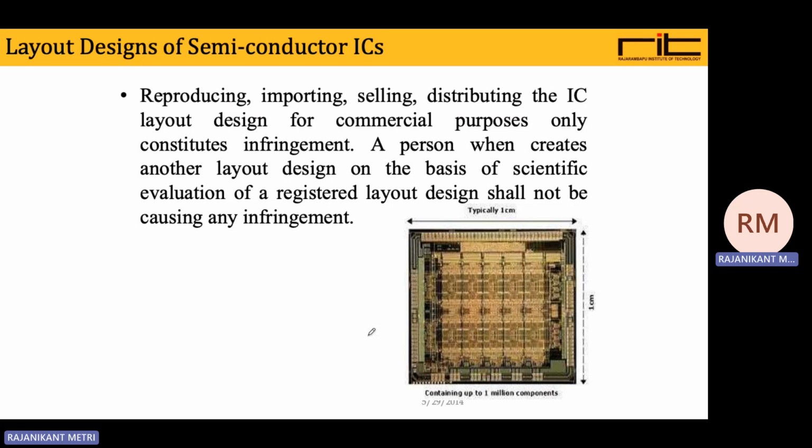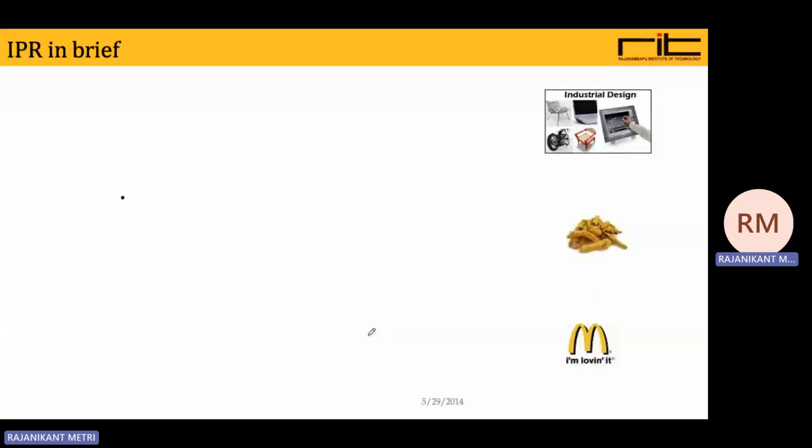So all these things we can see here in brief. Initially we have seen industrial design. Industrial designs are the features, shapes, patterns applied to any article by an industrial process. Chair, door, pen, all these are industrial designs.